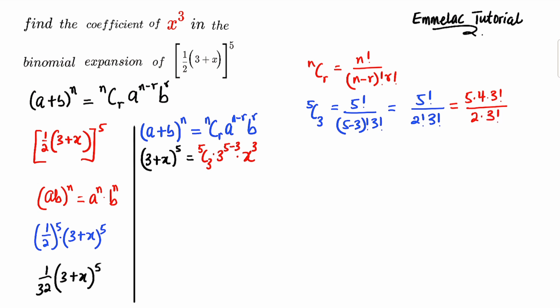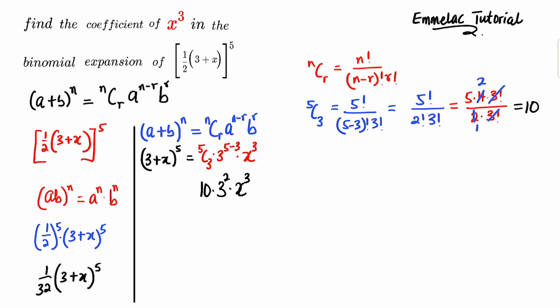Looking at the numerator and the denominator, you see 3 factorial here and 3 factorial here, so we can just clear that up. 2 here, 2 here, which implies that 5 combination 3 gives us 5 times 2, which is 10. So here we have 10, then times 3 raised to 2, then times x raised to 3.